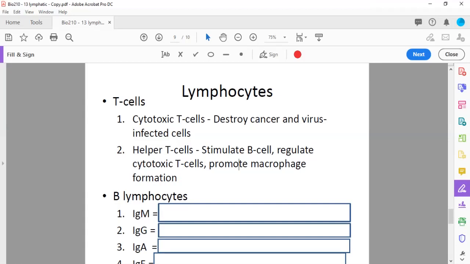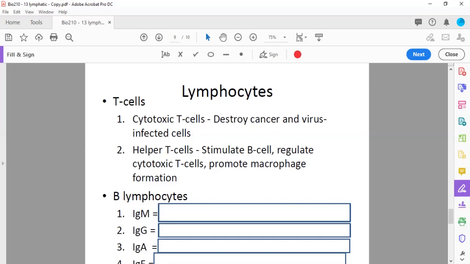That's very crucial. Keep in mind that the antibody is used to mark or bind to bacteria, which promotes the macrophage to engulf and destroy these bacteria. And the helper T cells also promote the formation of the macrophage. So as you can see, with those two functions, the helper T cells are very, very powerful, but behind the scenes.